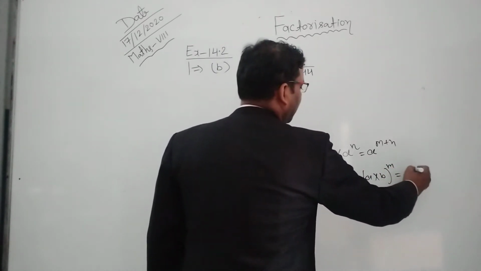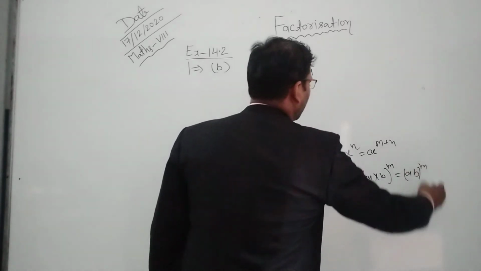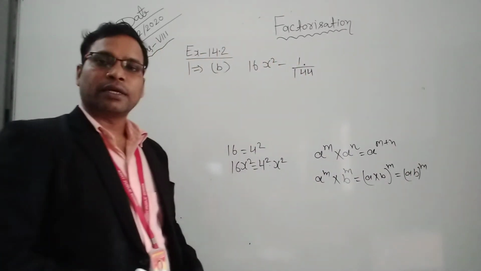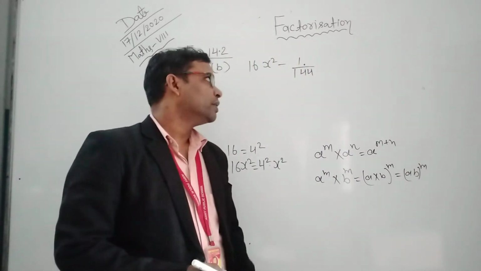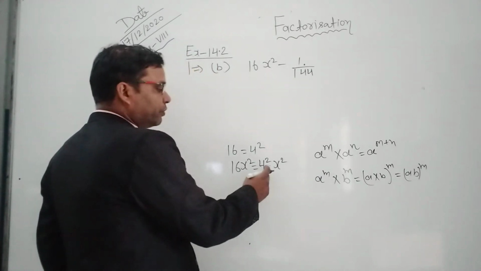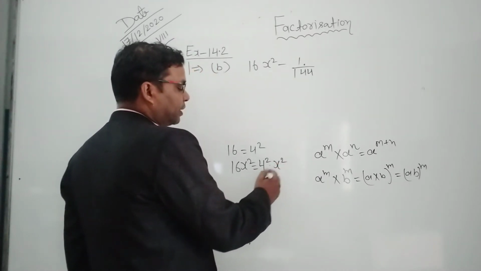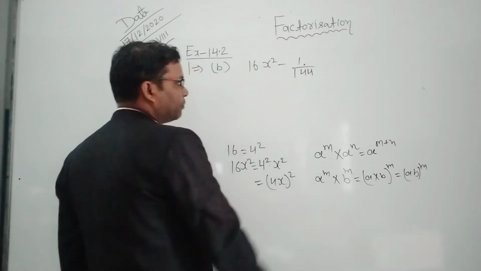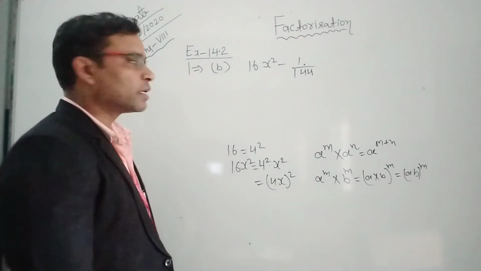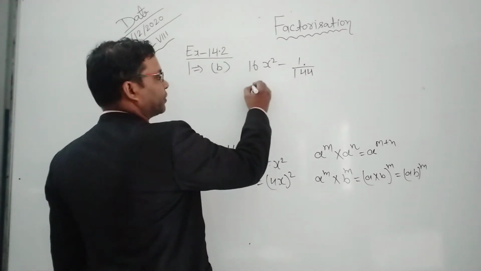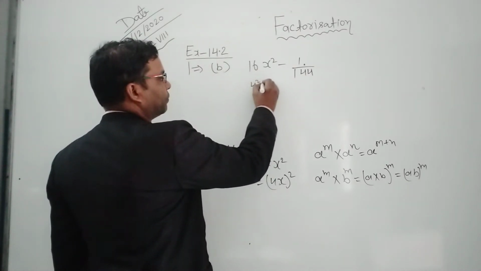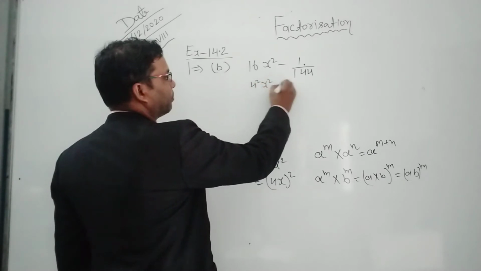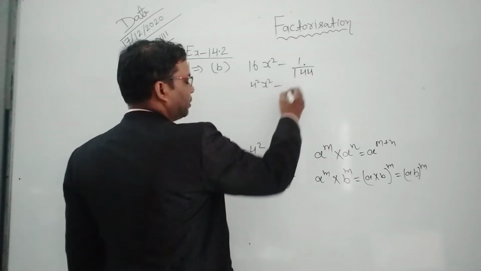So 4 square into x square, you can write as 4 into x whole square, that is square of 4x. Clear? So we can write square of 4x minus 1 upon 144.